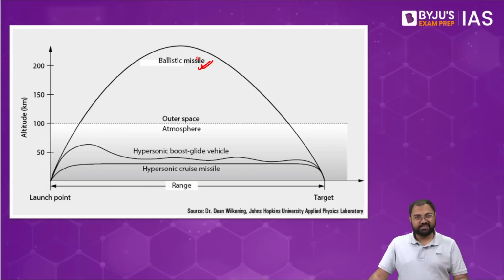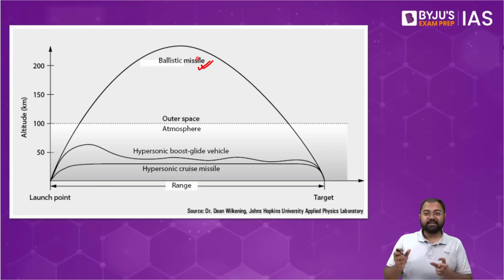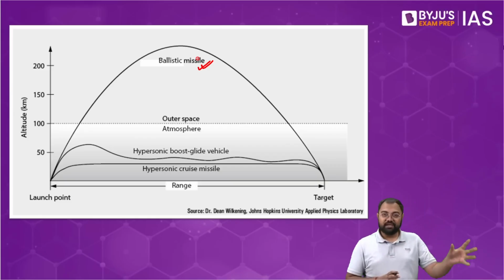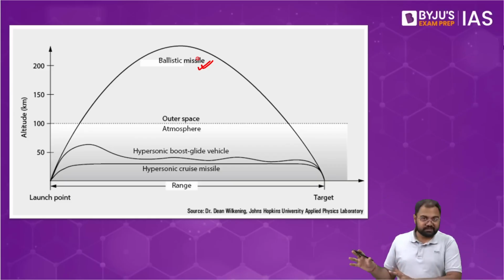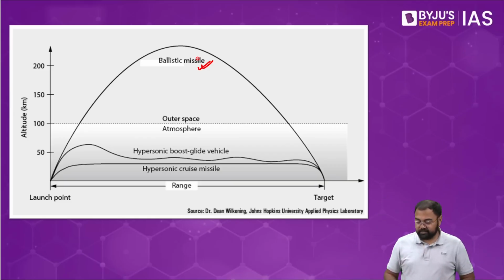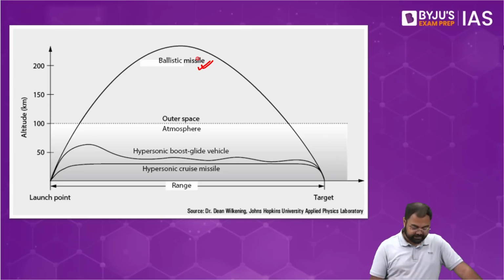Although even in ballistic missiles today we have been able to achieve these kinds of scenarios. So I wouldn't say that it lies exclusively with only one category. But most importantly, accuracy is where cruise missiles take over ballistic missiles.